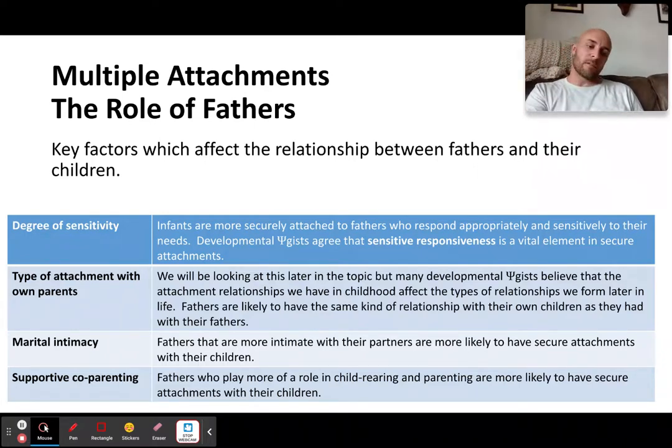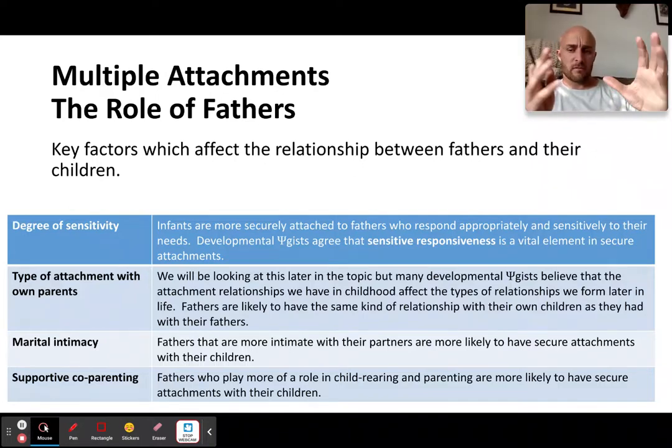And the other thing here, it's quite an important one: supportive co-parenting. Fathers who play more of a role in child rearing and parenting are more likely to have secure attachments. So basically, does your dad, and I guess we're talking heterosexually here, in heterosexual normative relationships, back up your mum in child rearing?